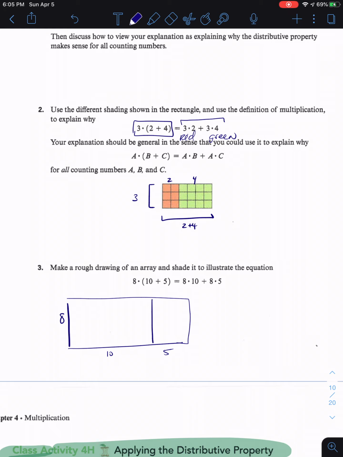So if we were doing this, we would be going with the whole area, 8 times 15, versus if we were doing the second part, we'd have the 8 times 10 and the 8 times 5. So we'd be looking at the 2 areas separately and then combining them. Again, using the distributive property. So either we look at the overall dimensions and multiply those, or we look at each of the sub areas separately and then add the products together.